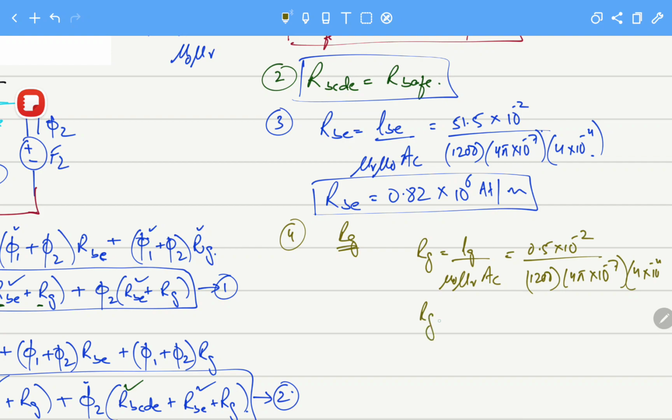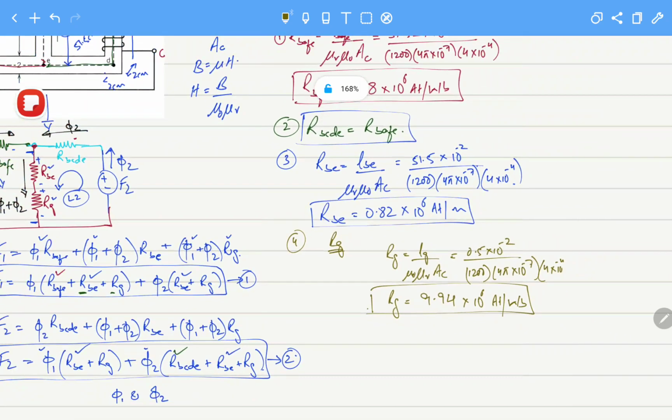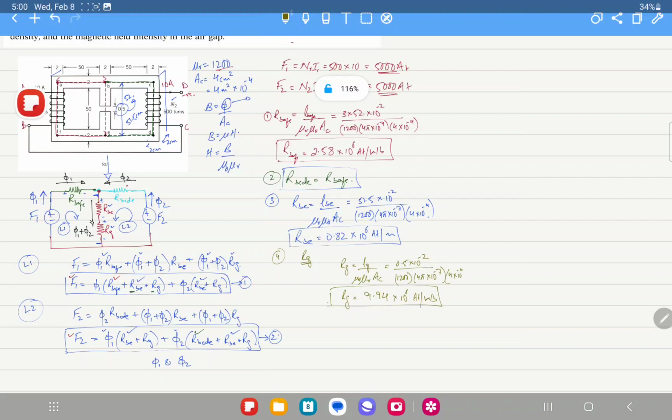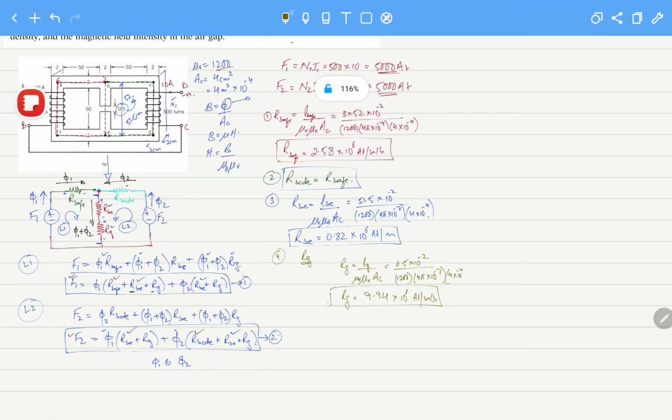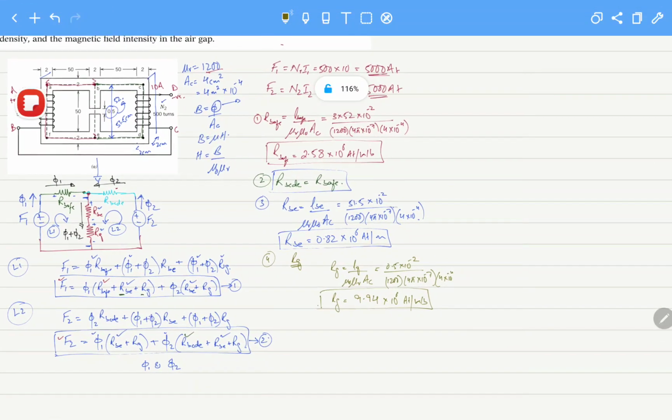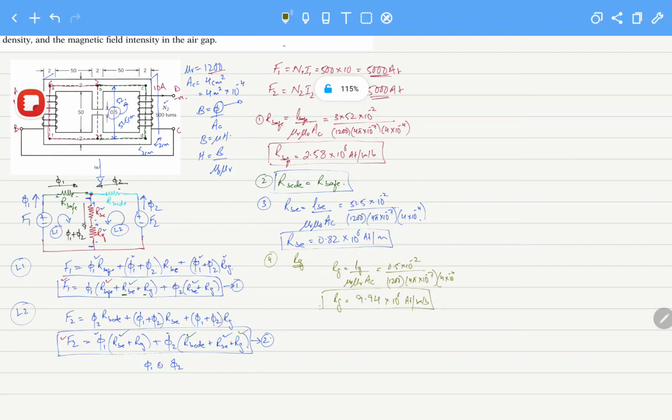So we can see how much larger this reluctance value is compared to the core elements, because it is the air gap. So here we have calculated these values, and now we have calculated R_g also.